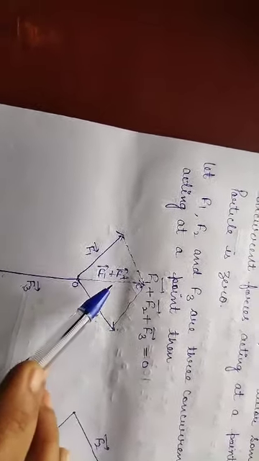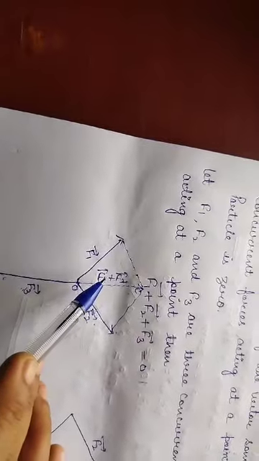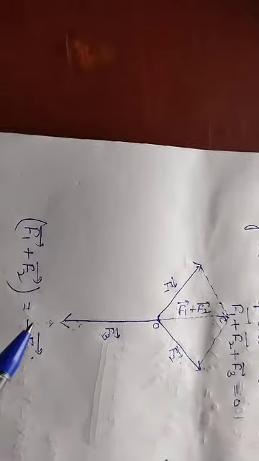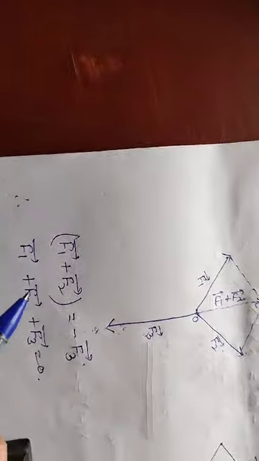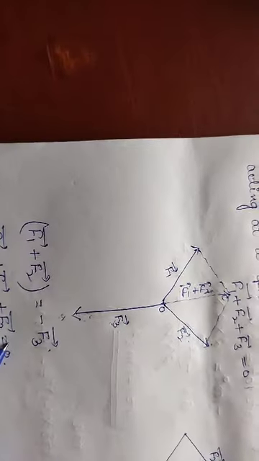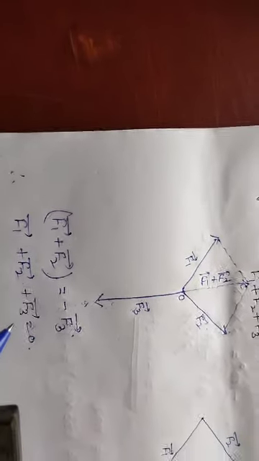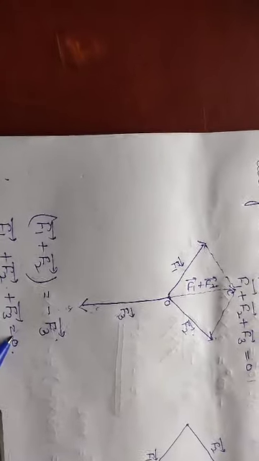What is their sum? These forces are equal and opposite, that is, F1 plus F2 is equal to minus F3. F3 on this side becomes plus, so F1 plus F2 plus F3 is equal to 0.